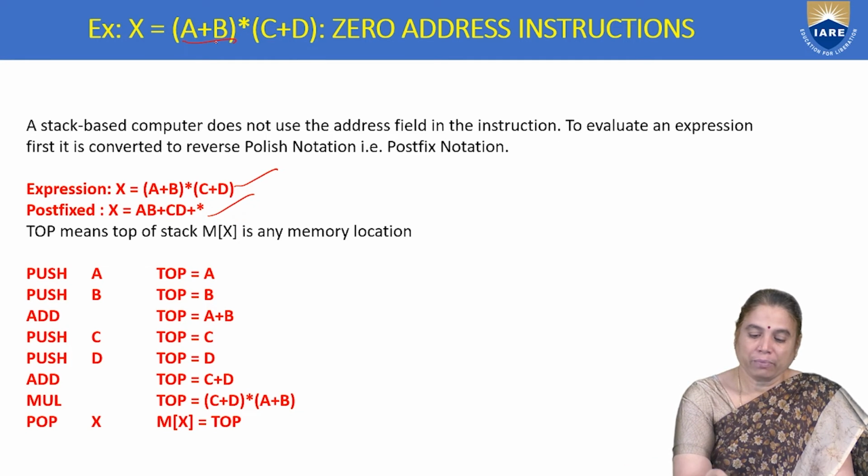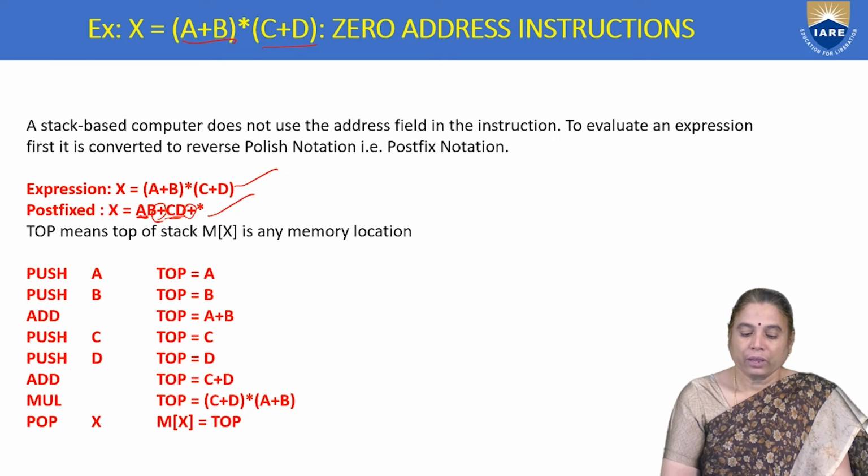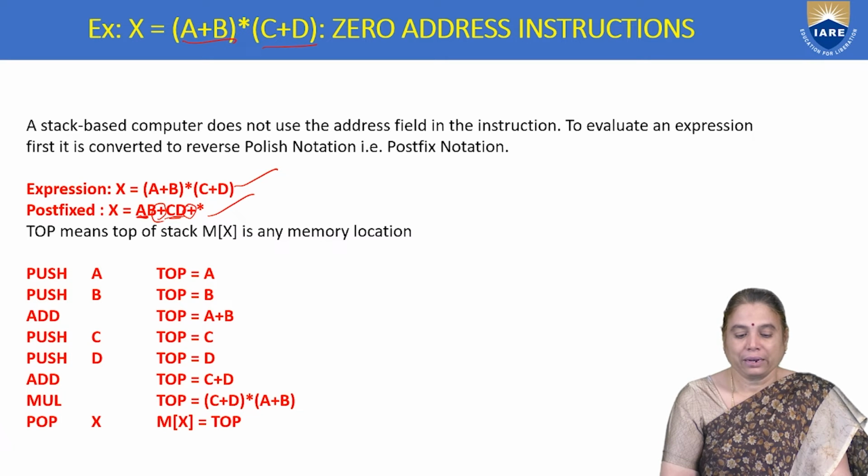Here, A plus B means the operands are A B, and next the operator is plus. Next, C plus D means the operands are C D, and next plus is the operator. Between these two results, multiplication is the operator. So this is first represented in postfix notation.